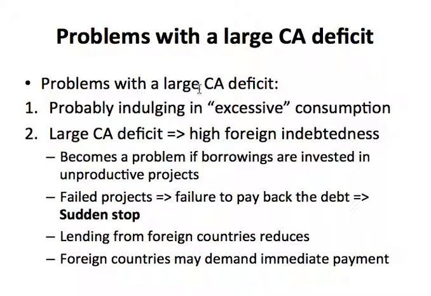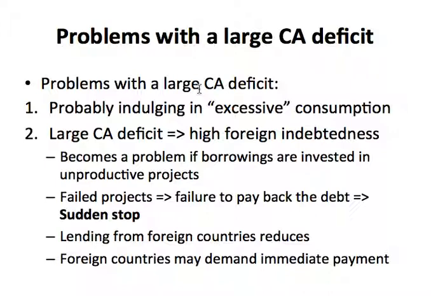But it becomes a problem when you fail to pay back the loan, you fail to pay back the debt. That's when it becomes a problem. And when the size of foreign indebtedness becomes huge, then the problem can actually become worse because you have to pay back a high level of debt.